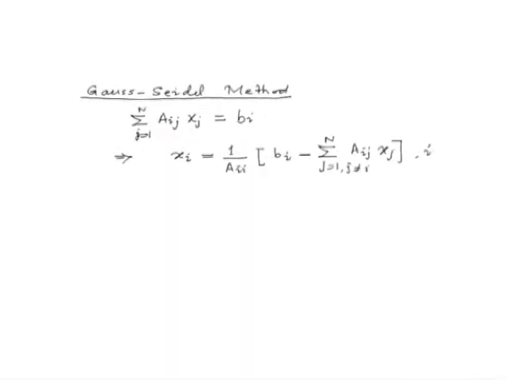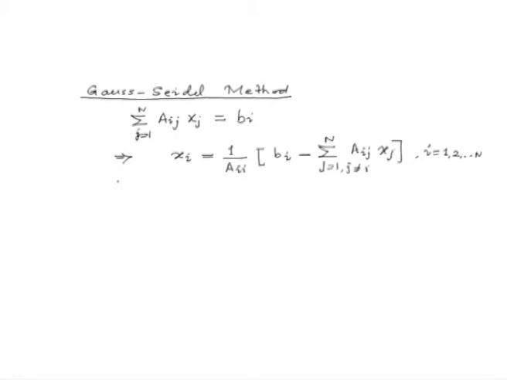What was suggested by Gauss and Seidel was that, look, use the values which have already been computed at a given x_i count. So we will start from i is equal to 1, 2 and so on. So this equation holds good for all i values.